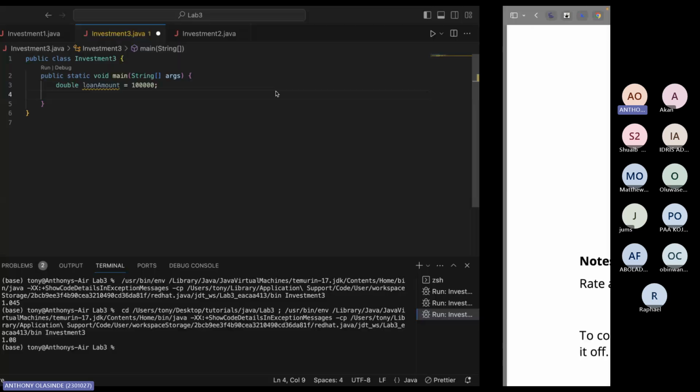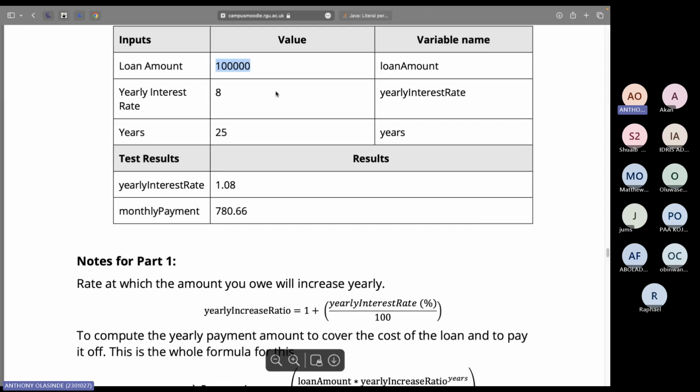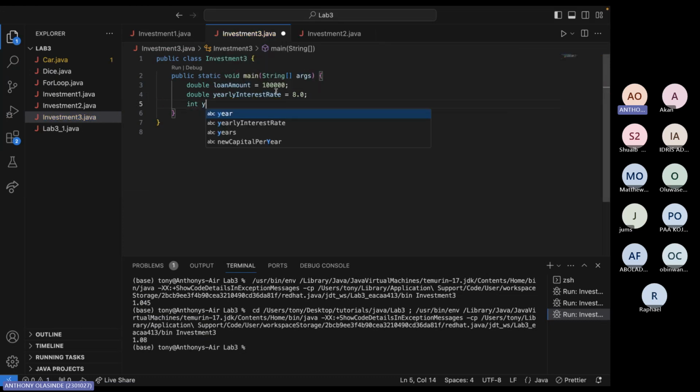We also have yearly interest rates. It should also be double because it could be a decimal. Yearly interest rate equals 8.0. You can do that as 8. That's fine. Years, we can call that int. Years equals 25. That's fine.